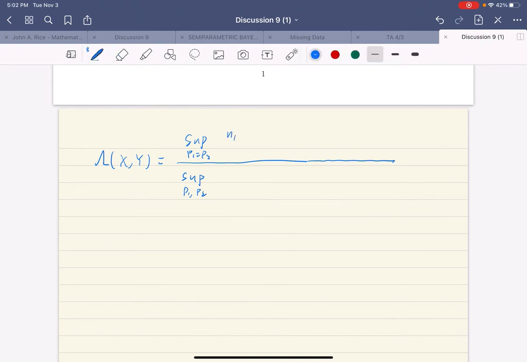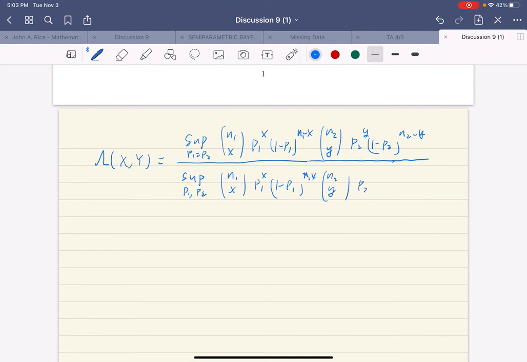It can be n1 choose x, p1 to the power x, 1 minus p1 to the power n1 minus x, times n2 choose y, p2 to the power y, 1 minus p2 to the power n2 minus y. And the denominator is the same.